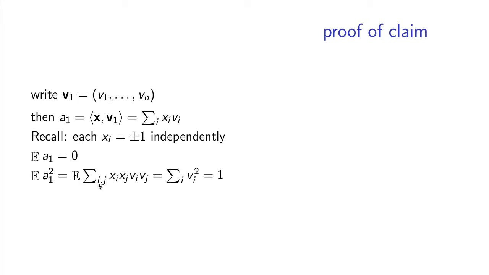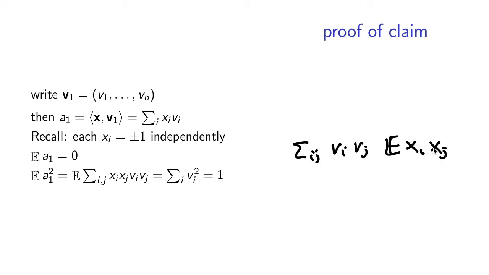Because again, we can just write down what a1 squared is. It's this expression times itself. Then we apply linearity of expectation, and we can see that this is the summation over i,j of vi vj times the expectation of xi xj. Now when i is different from j, the expectation of xi times xj is the same as the expectation of xi times the expectation of xj, because xi and xj are independent.